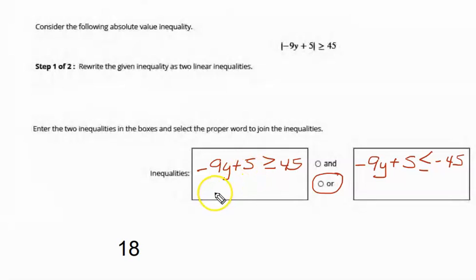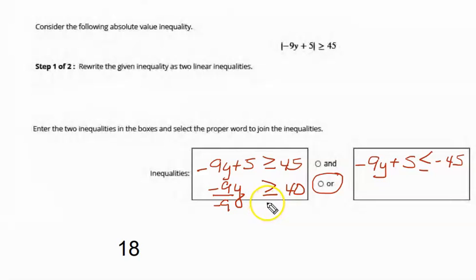So solving this side, it's negative 9y. We're going to transpose the positive 5 to this side, so this becomes a negative 5 on this side, so this is a 40. Now this is the tricky part, because we're going to divide an inequality by a negative. When we do that, to keep it true, we have to reverse this inequality sign.